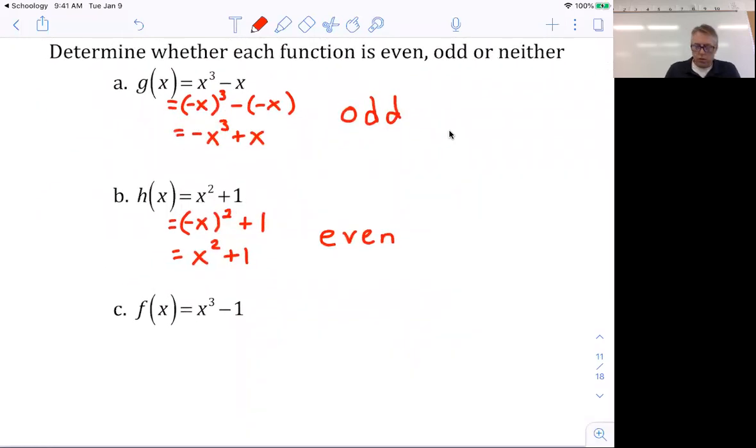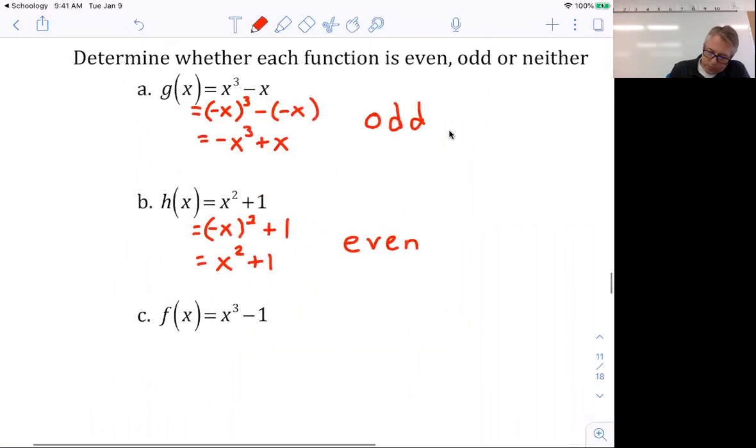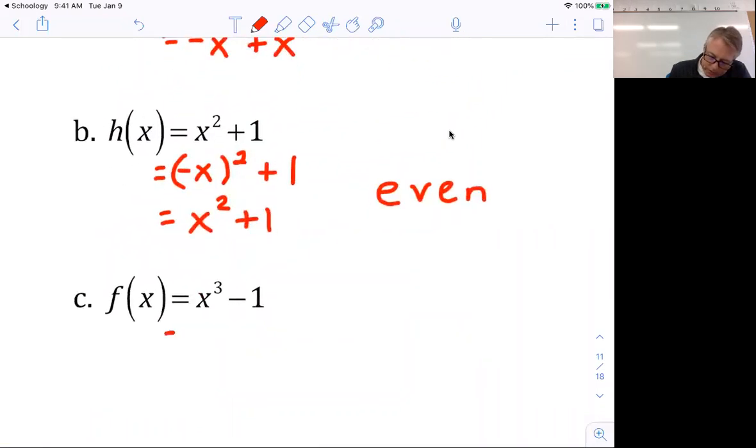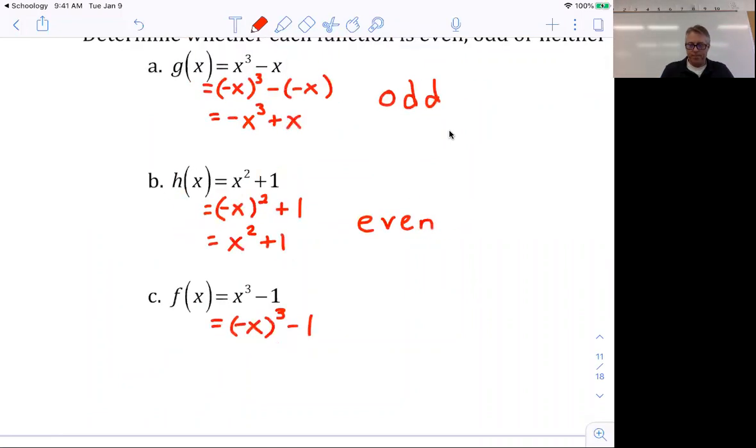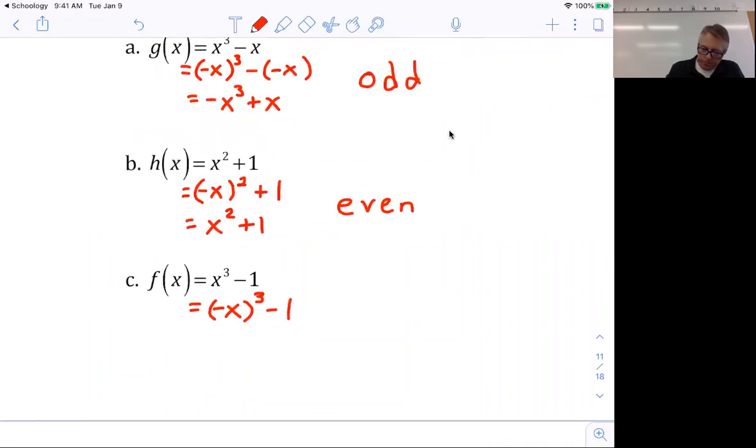So let's try the third one. We'll replace x with negative x. So we can do negative x cubed minus 1. So negative x cubed, again, is negative times negative times negative, which will be negative x to the third minus 1.